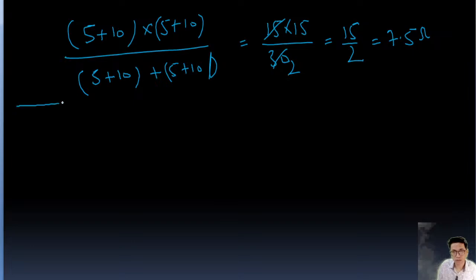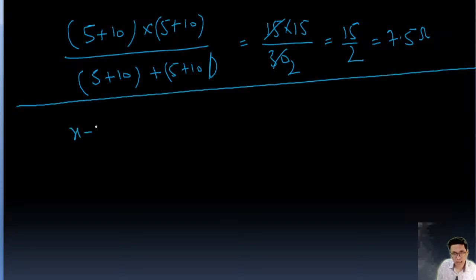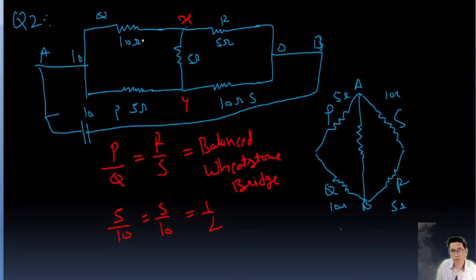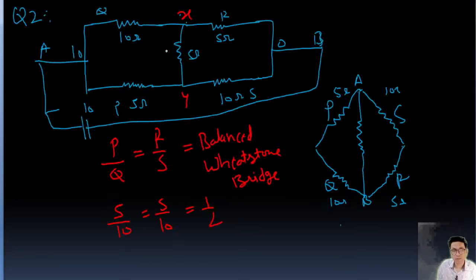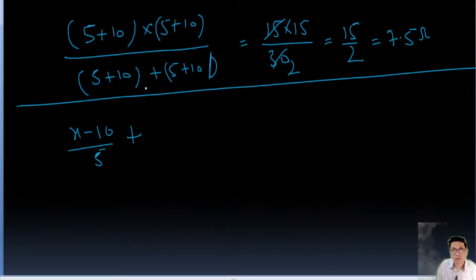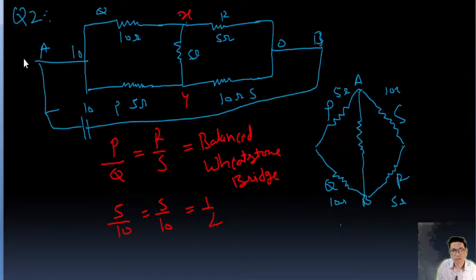Then X minus 10 upon 5, plus, at this point, X minus 0 upon 5, plus this one, X minus Y upon 5, right?